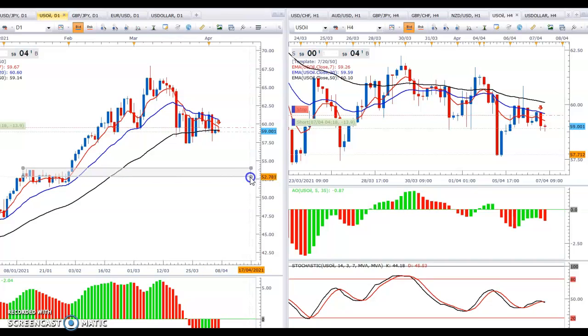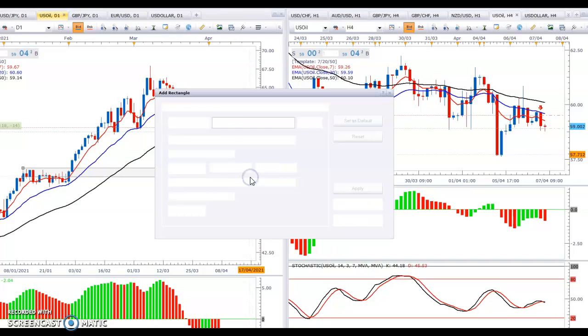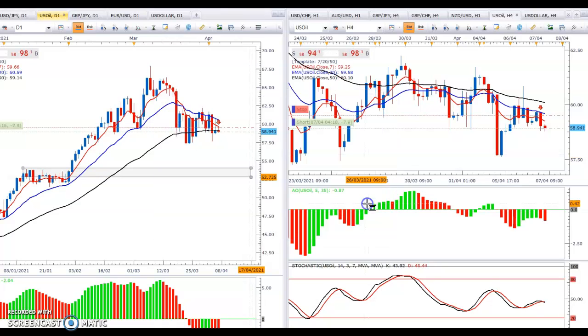If you can see that. A bit of support there, but it's a very weak support. What we're looking for is where the price has been touched at least twice. This is support, but it's a weak support down here.